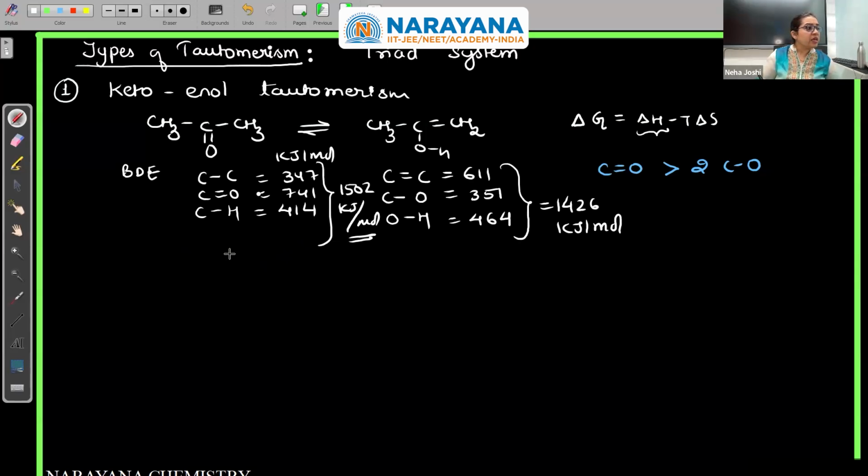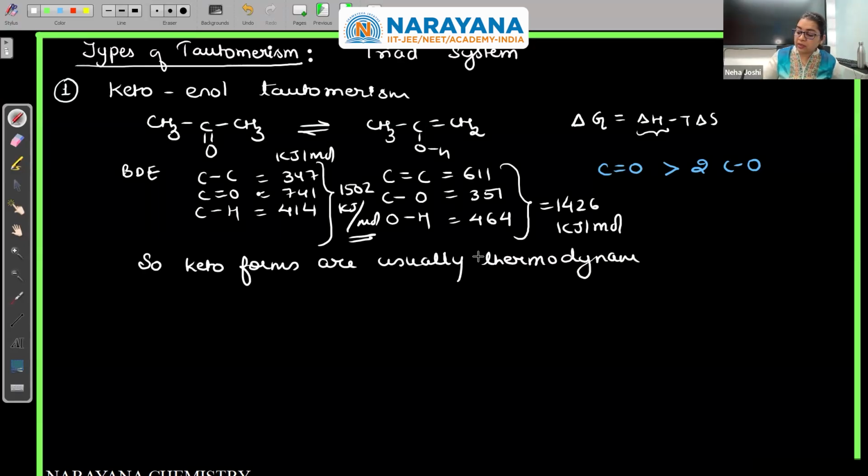So this is thermodynamically more stable and therefore the equilibrium goes backward. Okay? So keto forms are usually, I cannot say always, usually thermodynamically more stable than enol forms.